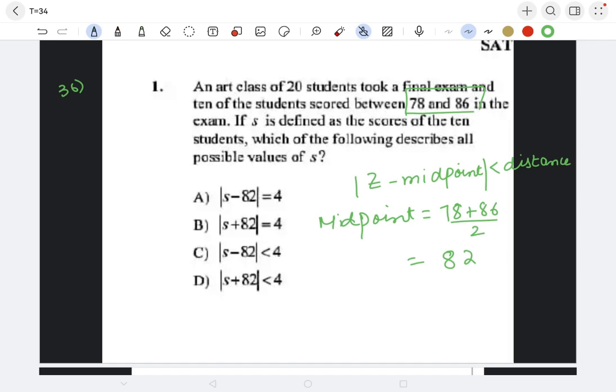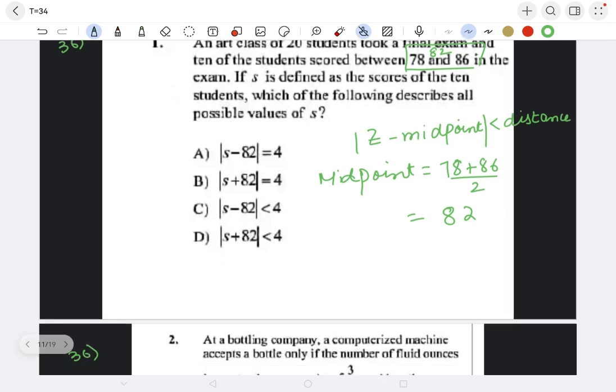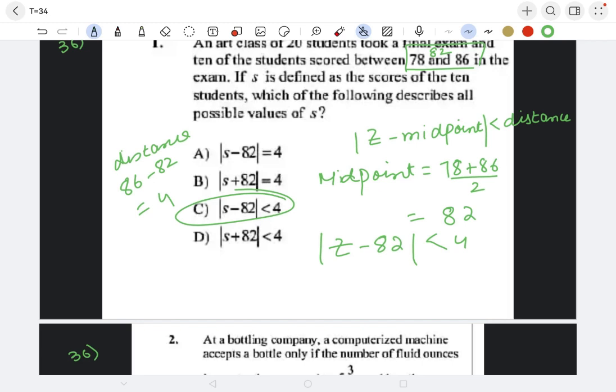Now the midpoint is 82, and 86 minus 82, my distance is 4, and less than because they are talking about between. So I write z minus 82 is less than 4, which is option C.